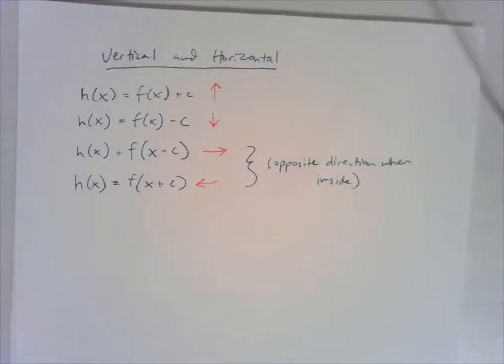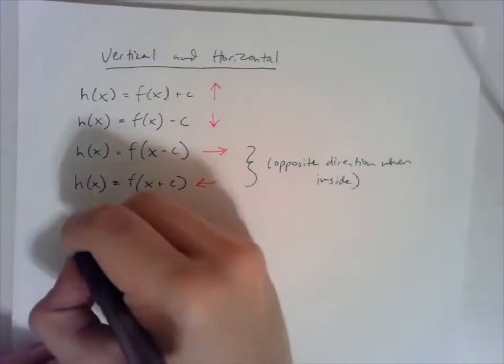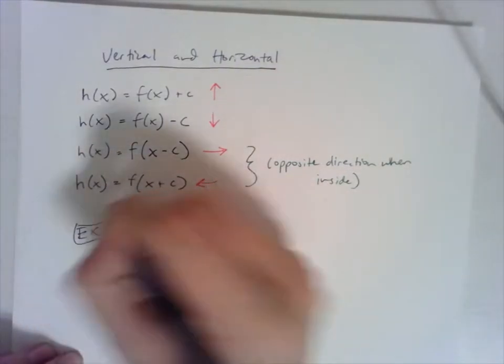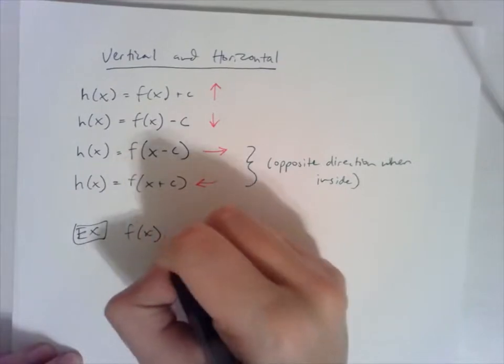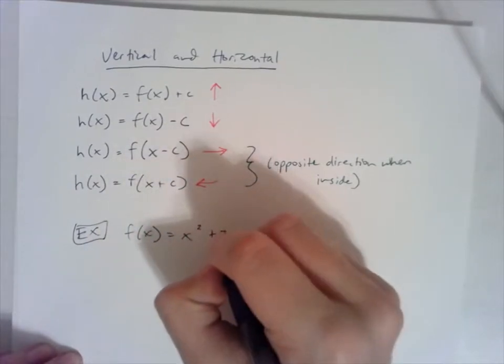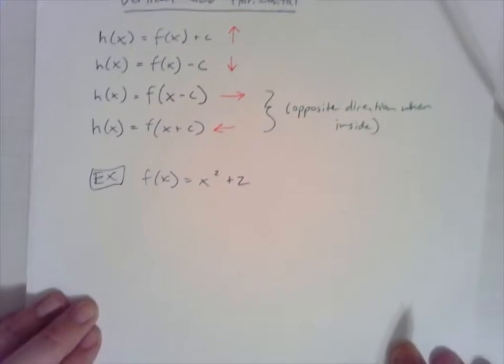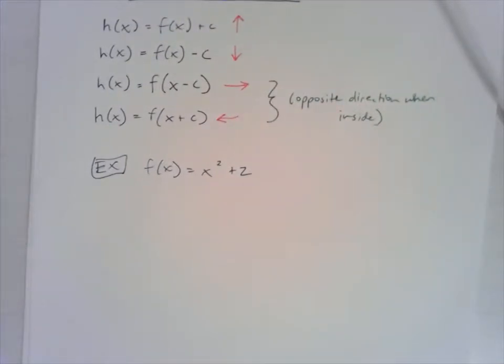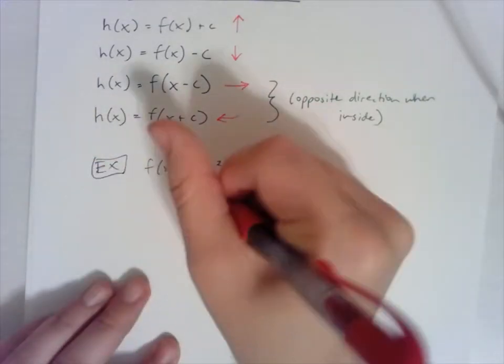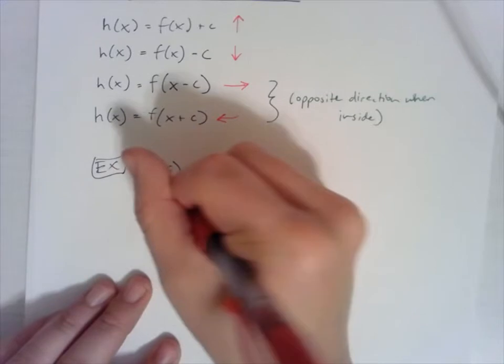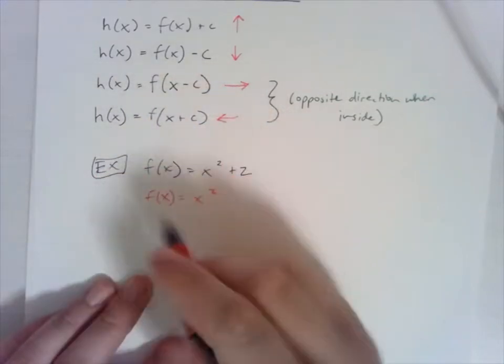Alright. For example, if we have the function f of x equals x squared plus 2, there's something we can identify here. We talked last video about those common graphs we should all know. What we can recognize is that the function f of x equals x squared is hiding in here.